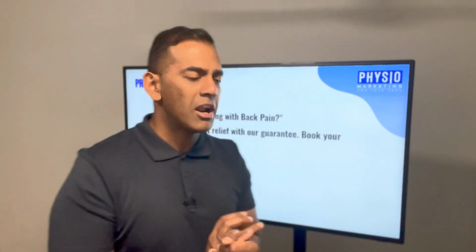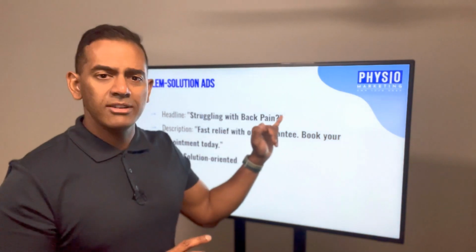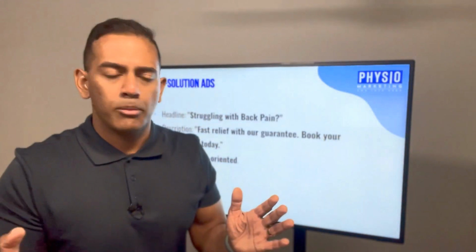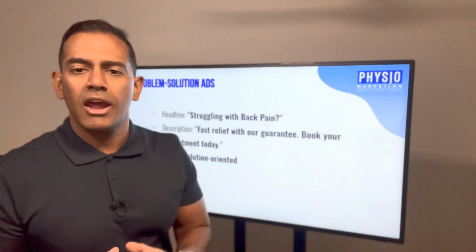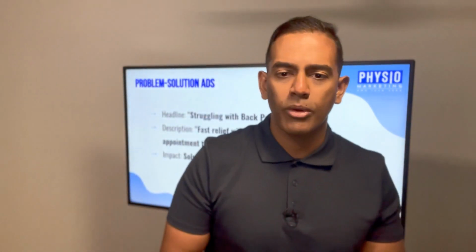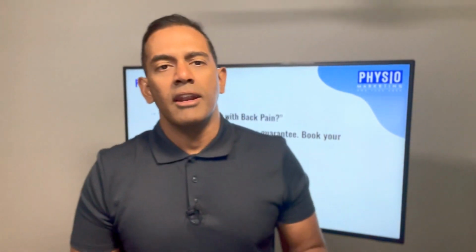When you have this ad for someone who's searching back pain, they know immediately they're in the right place, right? So it's relevant. So the words are used in the ad, struggling with back pain, and in the description part, underneath that first big line in the ad, here's a description you can put in. Fast relief with our guarantee, book your appointment today. Let me read that again. Fast relief with our guarantee, book your appointment today. Right? Now you think about it.